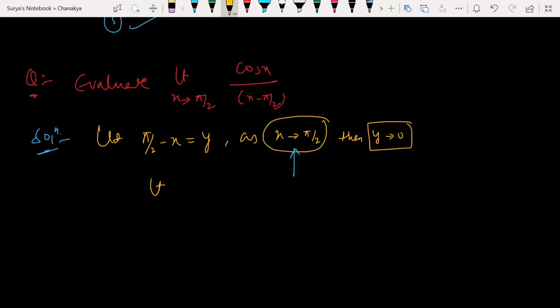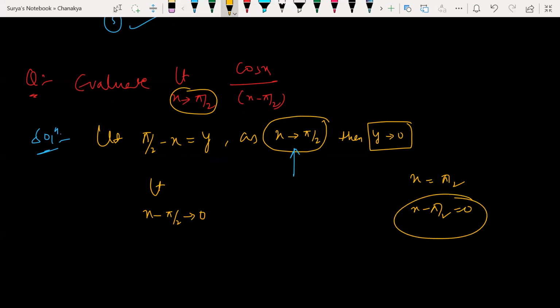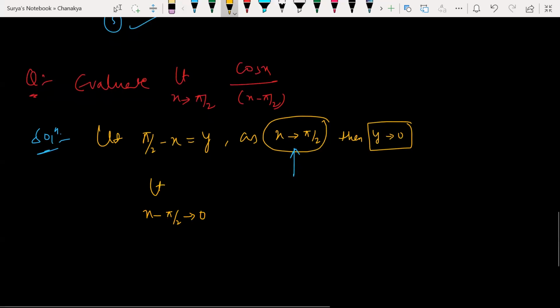This one can be written as x minus pi by 2 tending towards 0. Now x is equal to pi by 2, so x minus pi by 2 is equal to 0. Here the arrow mark is nothing but equal, sometimes. You can just take it like that.